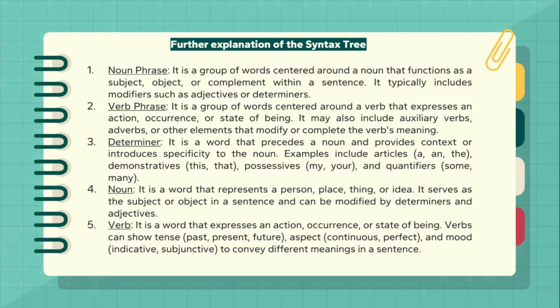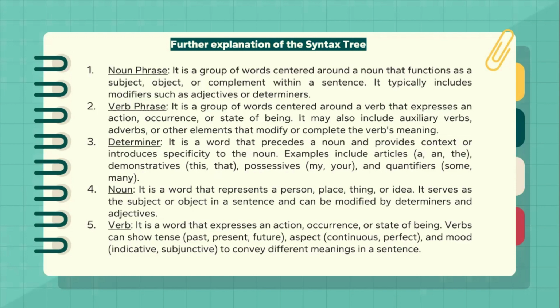The third is the determiner. It is a word that precedes a noun and provides context or introduces specificity to the noun. Examples include articles like a, an, and the, demonstratives like this and that, possessives like my and your, and quantifiers like some and many. Noun: it is a word that represents a person, place, thing, or idea.